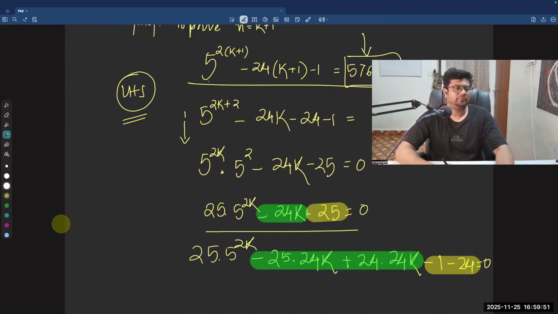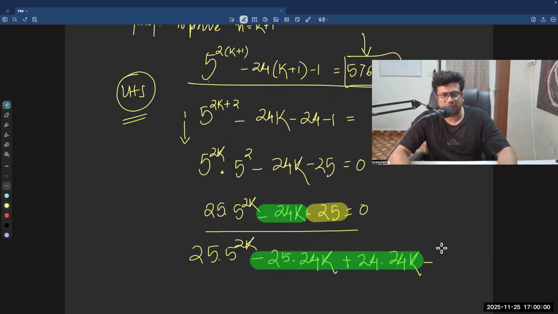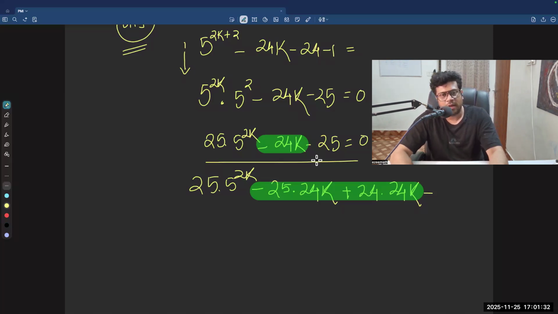Into that. Okay, I don't think that's gonna work though. Wait, give me a second. I'll correct it quickly. I say that minus 25 can actually be written as, well, I don't think I need to split this. Hold on, give me a second there. And we have a 25 here.